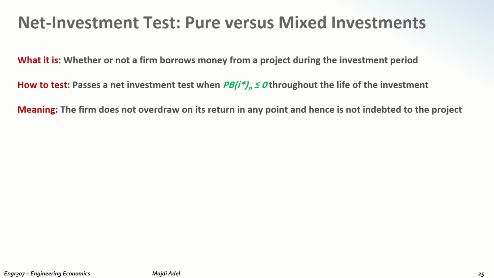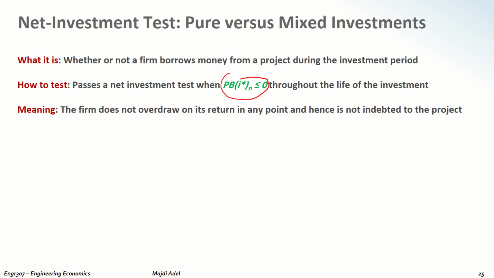How to test? We just calculate the project balance, okay, and the project balance should be less than or equal to 0 for the entire project life. يعني we calculate the project balance year wise, and if the project balance is negative or 0 for the entire project life, it passes the net investment test.